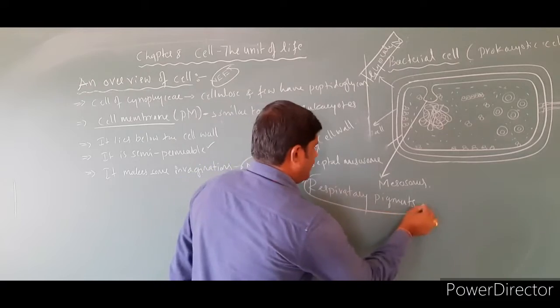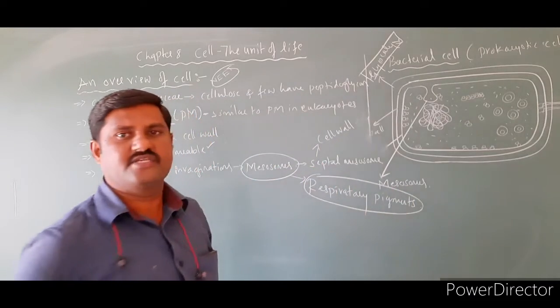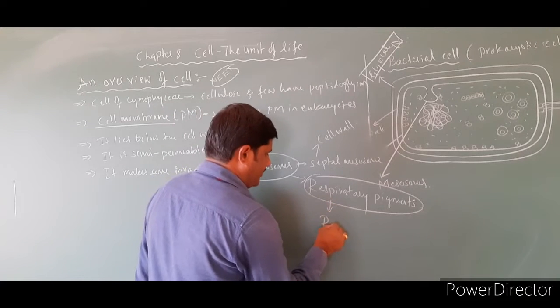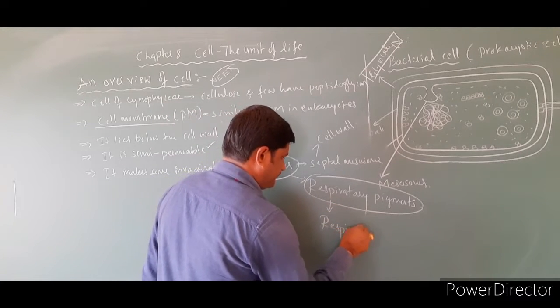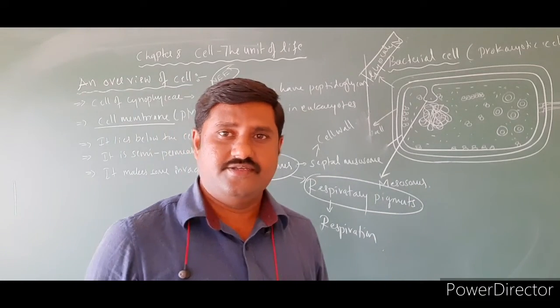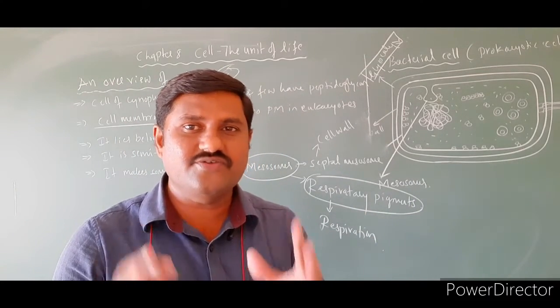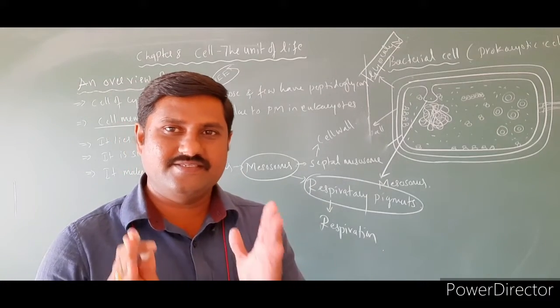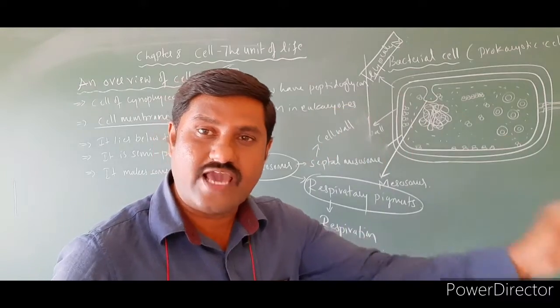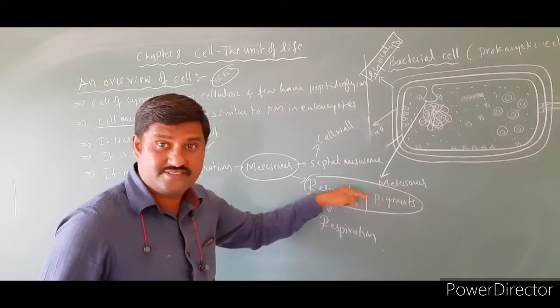Some respiratory pigments are present within these mesosomes, and hence it helps in respiration, so that it is equivalent to one cell organelle in the eukaryotic cell.